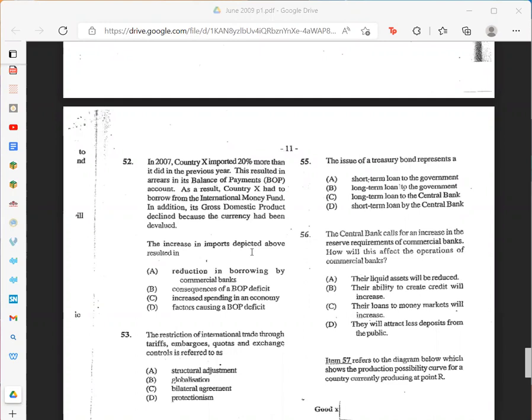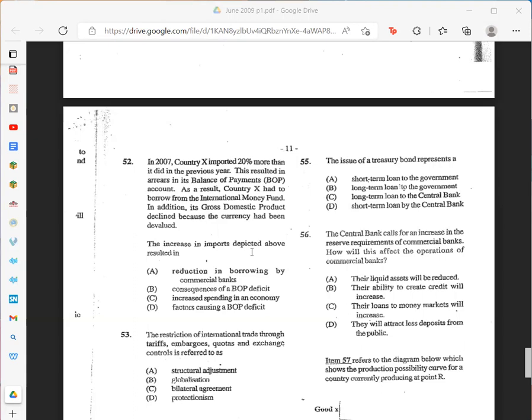What did it result in? 52, yeah, it resulted in the consequences of a deficit because you import a lot, you end up in arrears, now gotta get money and so on, right?